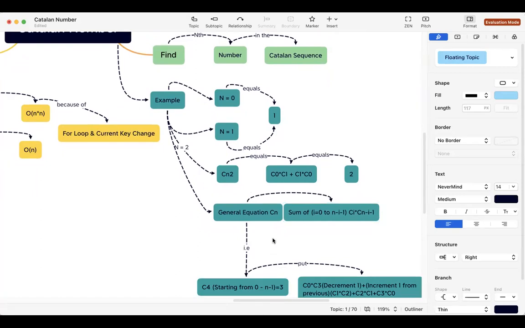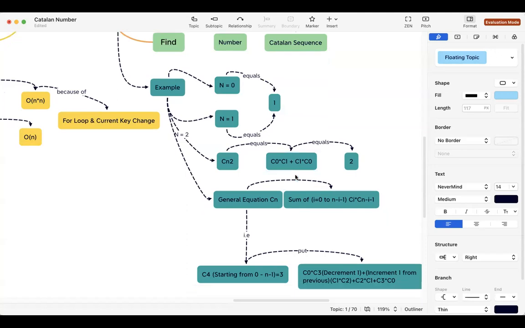You must be wondering how the sequence came out, Catalan number 0 into Catalan number 1 plus Catalan number 1 into Catalan number 0, and how we are going to remember it. There's a general equation, which we discuss everywhere: first we determine the choices and then we derive the equation.